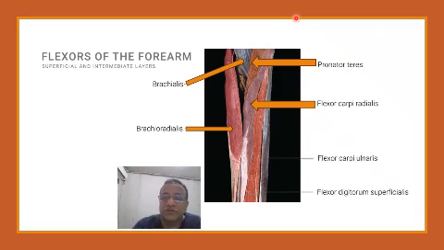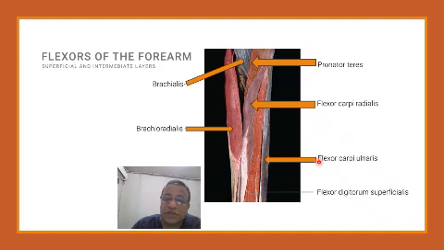Next muscle you will see here is flexor carpi ulnaris. This is the most medial muscle of this flexor group, starting from the medial epicondyle. It goes downwards, crossing the wrist and inserting in the pisiform and lies in the ulnar region.